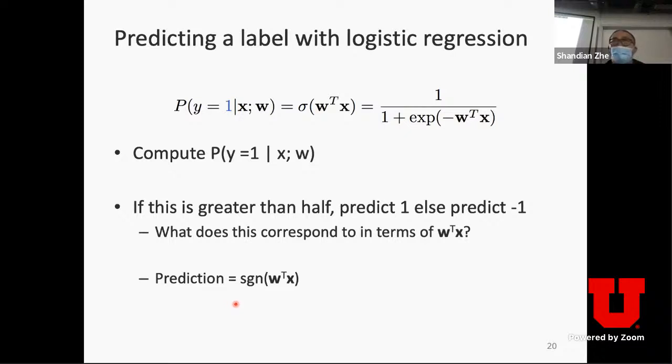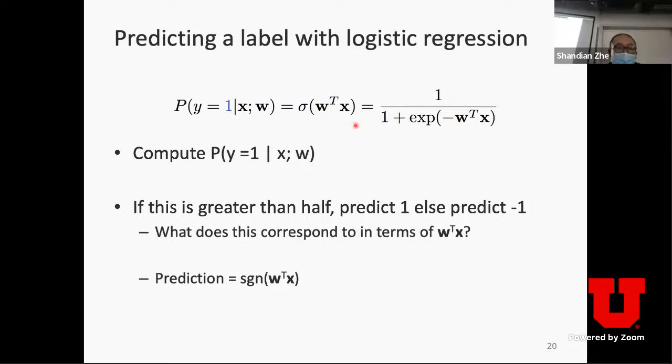Does it make sense? So essentially, these two rules are doing the same thing, at least in the prediction step. Right? Is everyone comfortable? We just want to point out the connection, right?